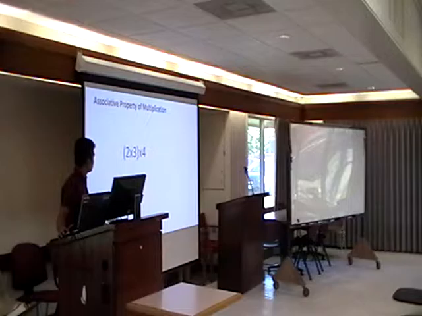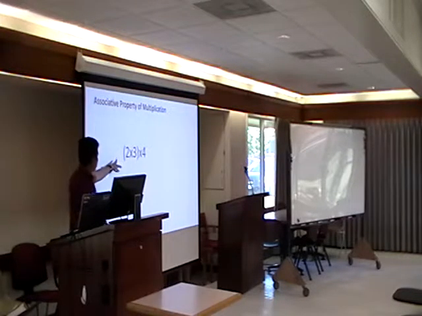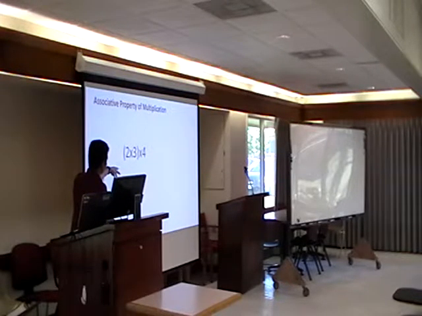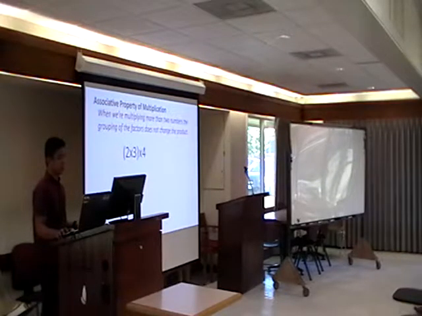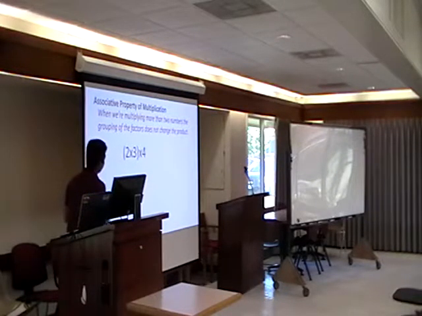Now, (2 times 3) times 4 is a good example of the associative property of multiplication. For this property, it says that when we're multiplying more than 2 numbers, the grouping of the factors does not change the product. Okay.